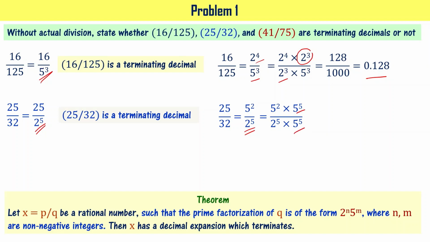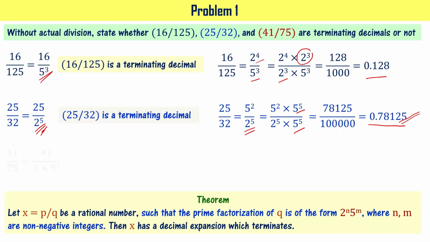When I do that, I'll have 5 power 7 in the numerator and 10 power 5 in the denominator. When I simplify it, I get the answer as 0.78125. It means when I had 2 power 5 in the denominator or 2 power n in the denominator, I have a decimal expansion which is terminating, right?